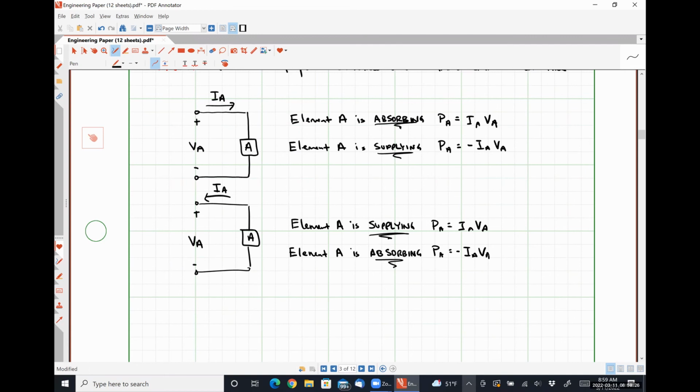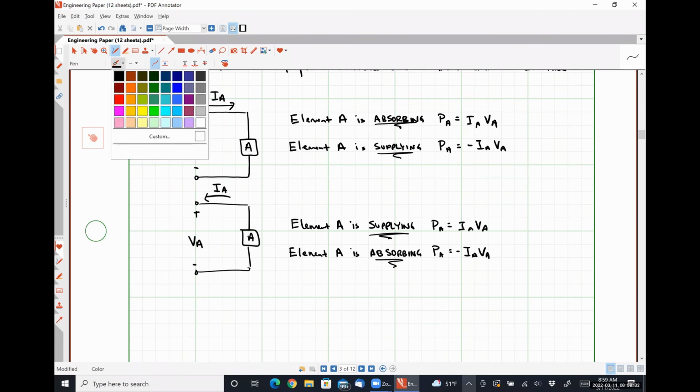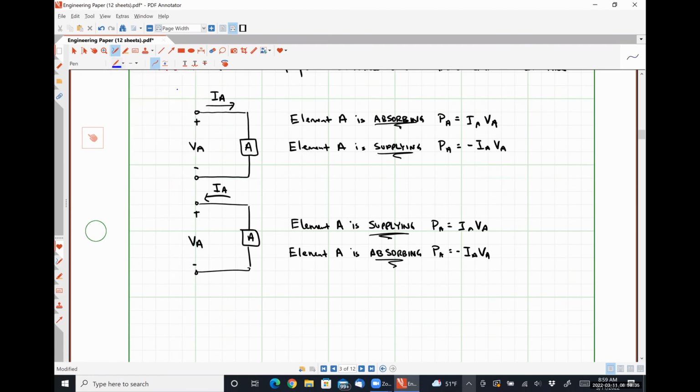Okay, so fantastic question. So let's look at this top representation here, right? So the current IA, indicated by the direction, is flowing through the element like this.